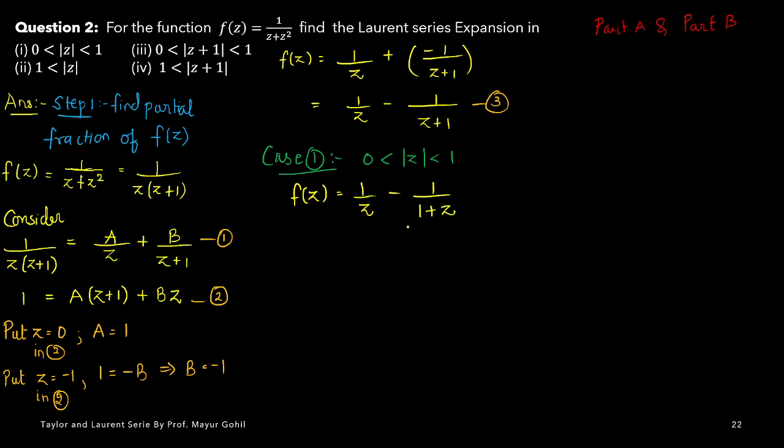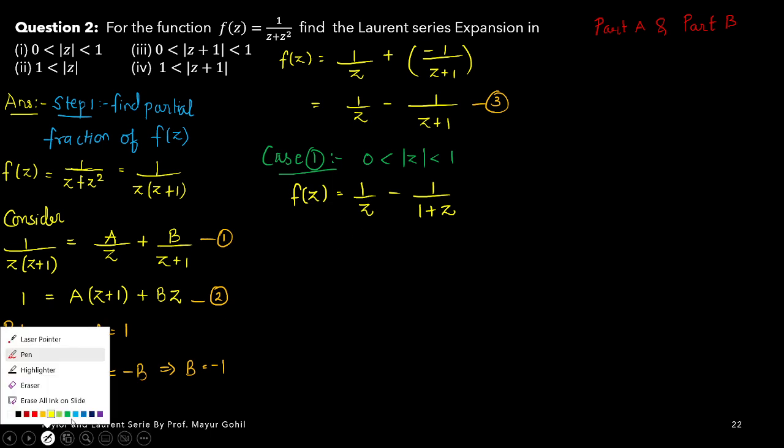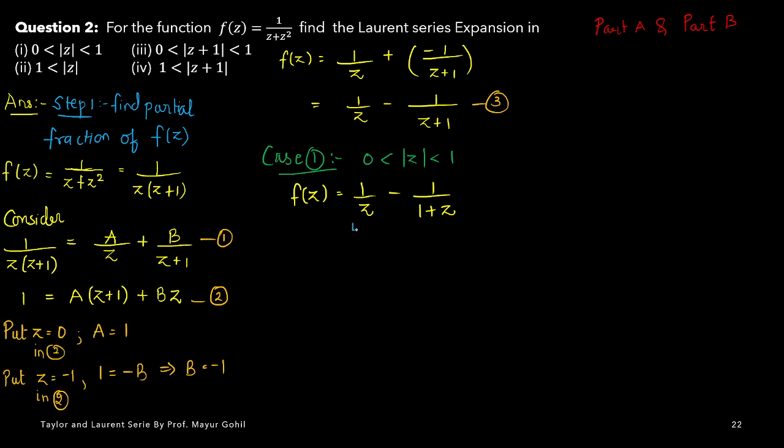Now see here, you will have one doubt: in which part will we do the expansion? Should the expansion happen in the first part or in this part? Remember, if you cannot expand 1 upon z alone, only those parts will have expansion where it is 1 upon z plus a type, z plus a or some number.